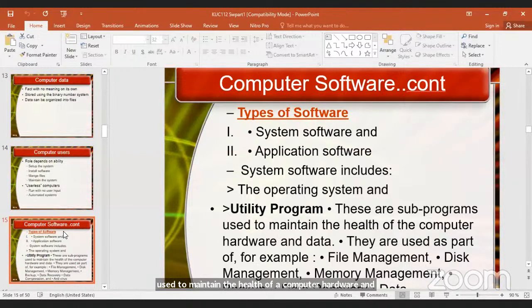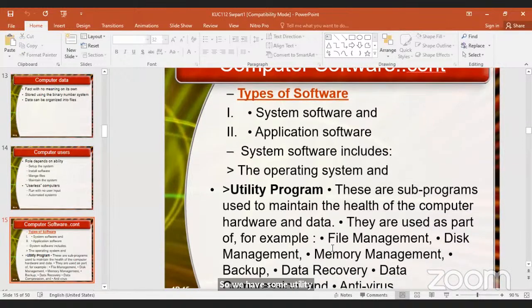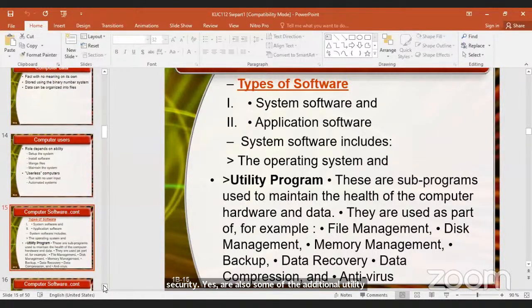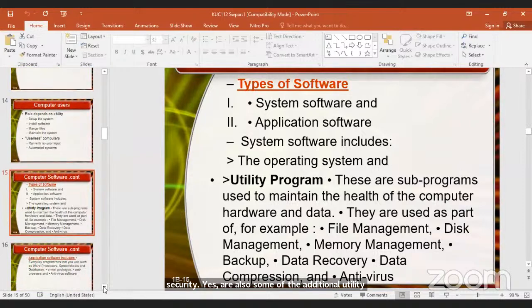So we have utility programs that help in file management, disk management, memory management, backup, data recovery, data compression, and providing security of our computer system, like the antivirus. These are also some of the additional utility programs that support the system software of a computer.